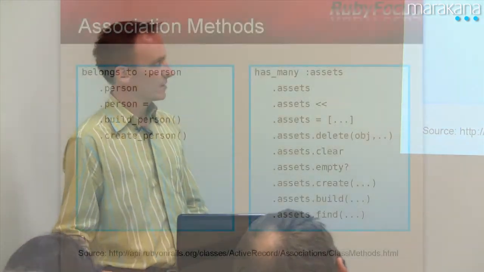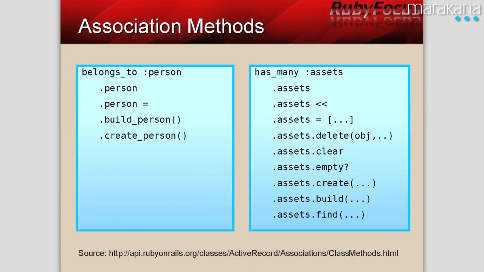For the has many association, there's more. If a person has many assets, perhaps, you have the .assets method, which returns an array, or it's actually a proxy, but it behaves like an array of objects. You can assign new objects to the collection. You can assign a whole array to the collection.